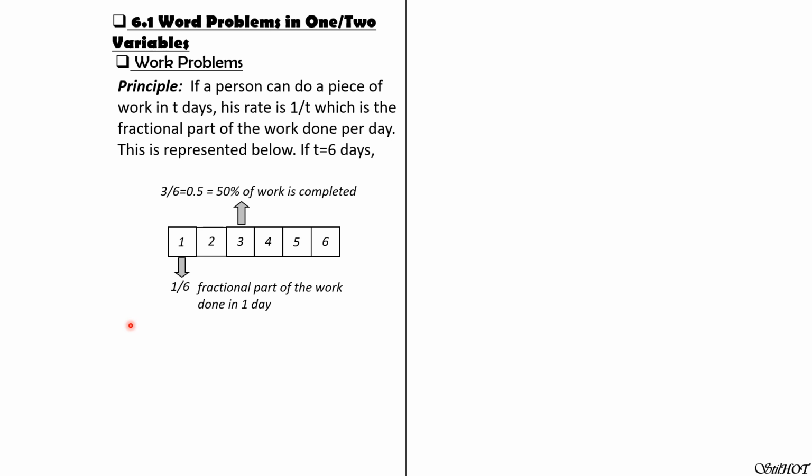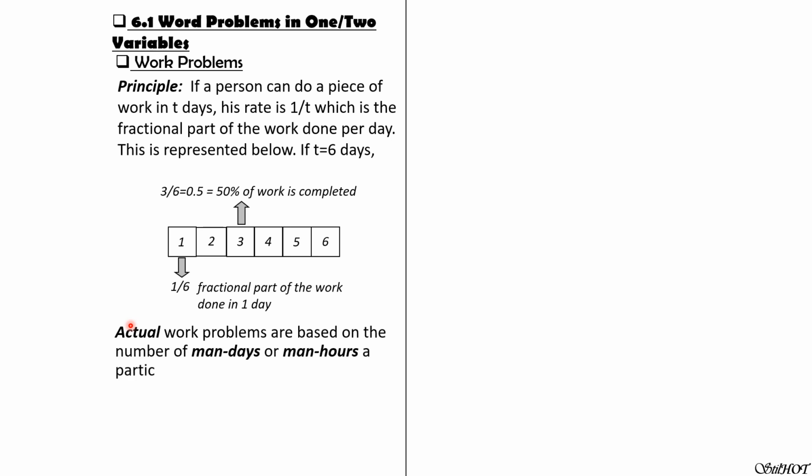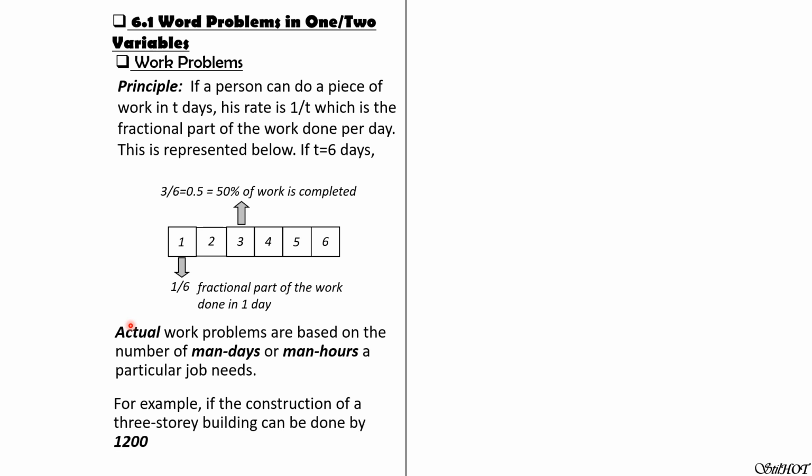However, actual work problems are based on the number of man days or man hours a particular job needs. So, for example, if the construction of a 3-story building can be done by 1,200 man days, then 20 permanent men should be hired for 60 days to finish it, and vice versa.